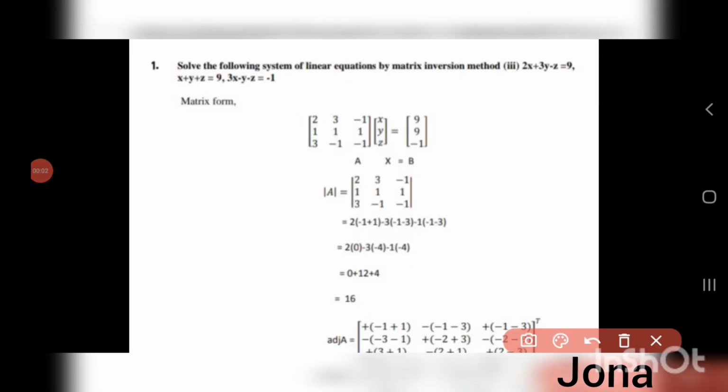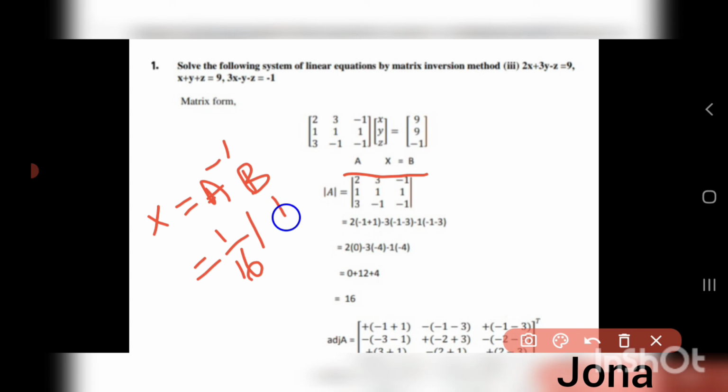Here we want to find the solution of the equation, isn't it? We already found A inverse. So here we have the formula X equal to A inverse B. We found A inverse, that is 1 by 16 into the adjoint value, and then into B, where B is 9, 9, minus 1.